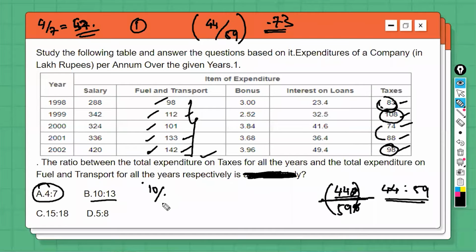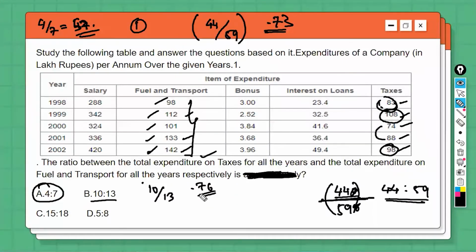10 by 13. Can you guys tell me what is 10 by 13? 0.76.